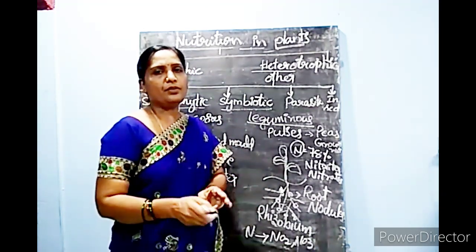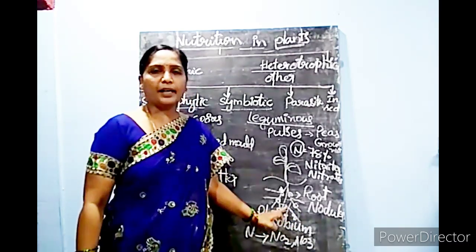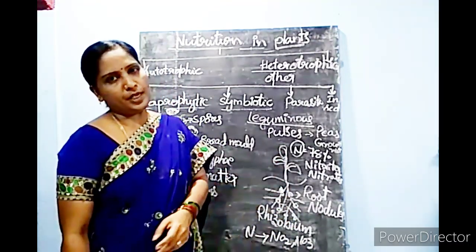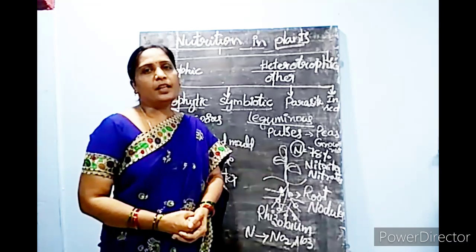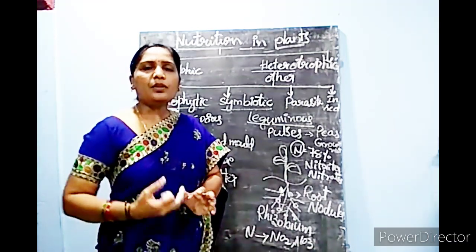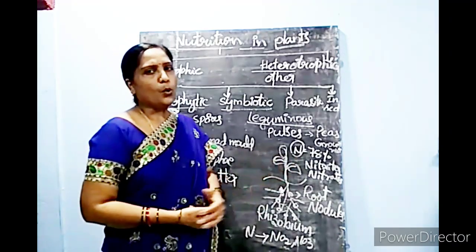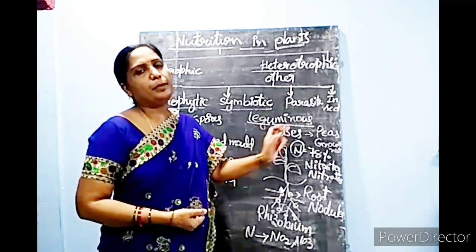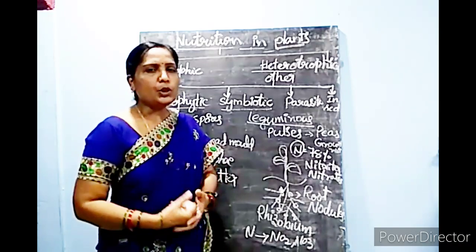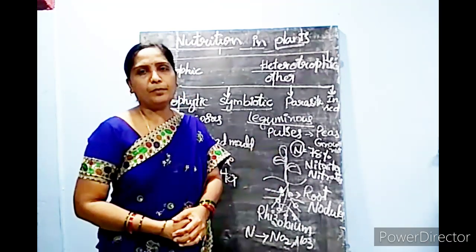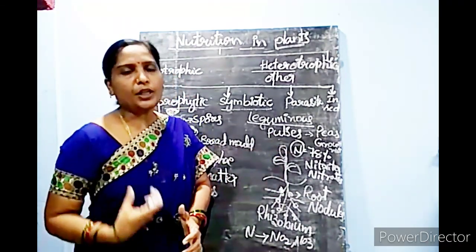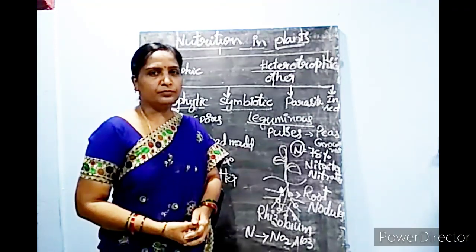There is a bond between this Rhizobium bacteria and the leguminous plant. They are mutually understanding. That's why these plants are known as symbiotic plants. And the nutrition which takes place in them is known as symbiotic nutrition.